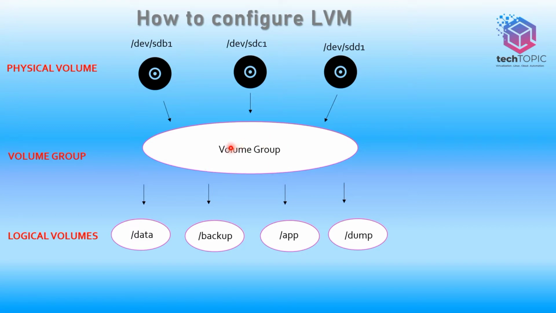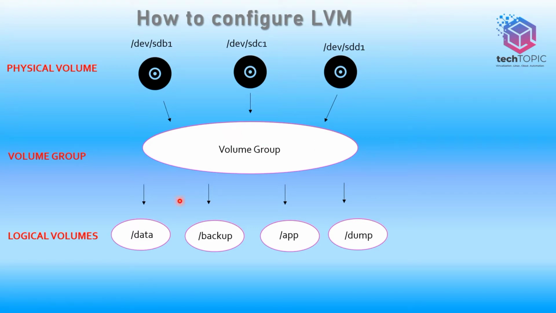And from this volume group, we will distribute the space into logical volumes, right? For example, we have 100 GB, 100 GB and 100 GB hard disks, so the total volume group will be created as 300 GB.